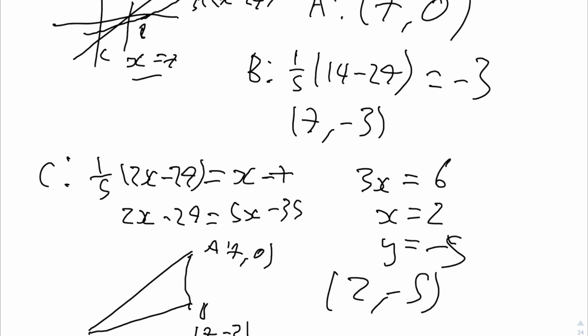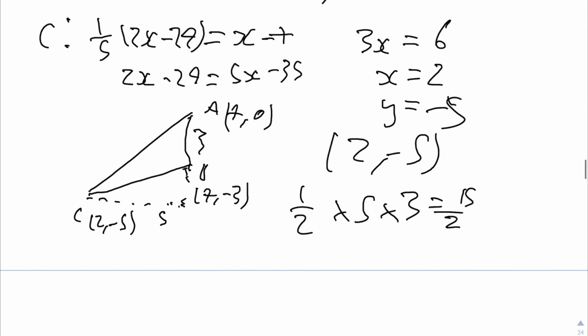So actually, we can figure out the base here, because we can do this. This side here is 3, and then the horizontal side here is just between 2 and 7, which is 5. So now we have the base and height, so we can just do half base times height, which equals 15 over 2. So then we know that the area is just 16 pi minus 15 over 2.